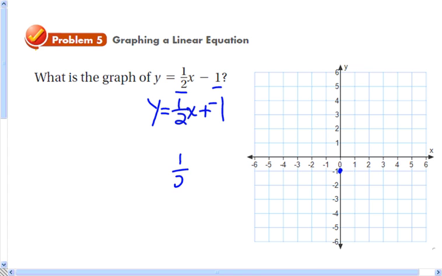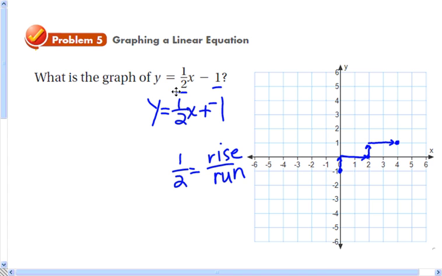And slope, remember, is rise over run. So we can think of the rise as 1 and the run 2. So that means if I go up 1 over 2, so both of those arrows are in a positive direction, there'll be another point on this line. If I do that again, up 1, right 2, there'll be another point, and so on.